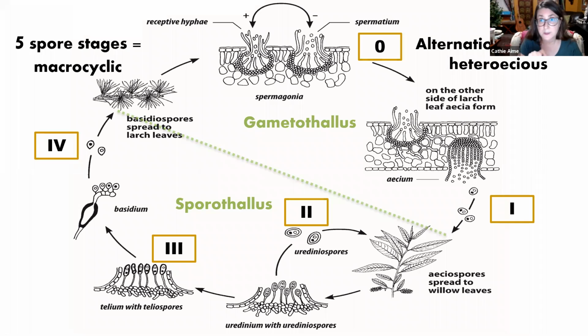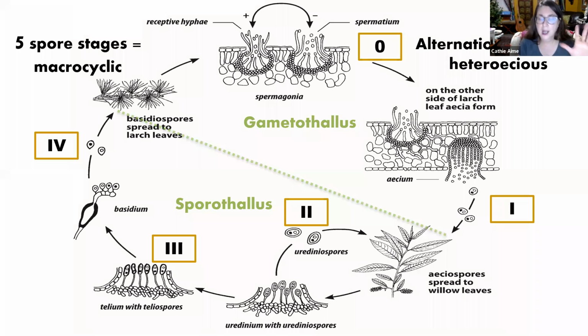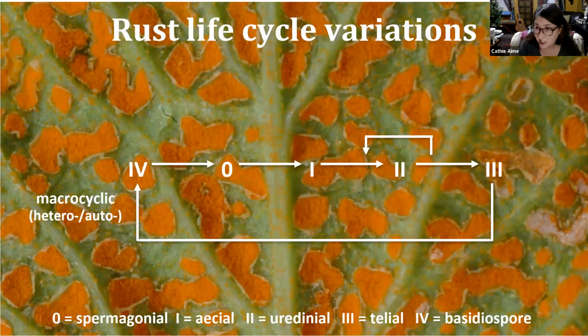Every stage takes part at a certain point in time. And so the real question, well, actually, there are many real questions. For any of you familiar with rust, this is our stereotypical rust life cycle, but just understand there are actually variations on this, as if it wasn't complicated enough. What I just showed you was a macrocyclic heteroecious rust.